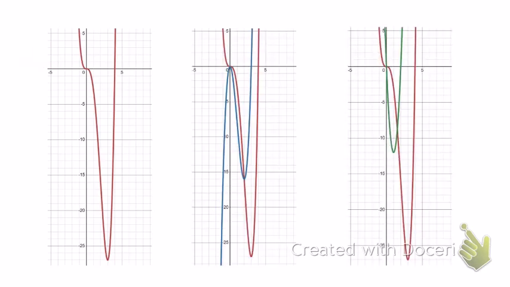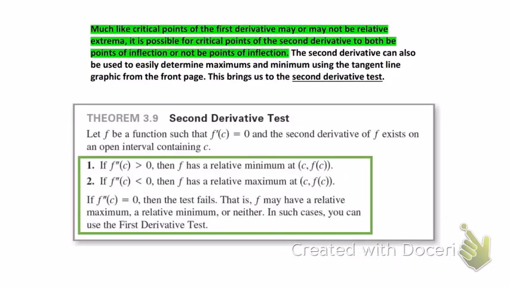Which brings us to kind of toward the end of the notes here. I'm trying to highlight the stuff that really is important. It's possible for the critical points of the second derivative to either be points of inflection or not.